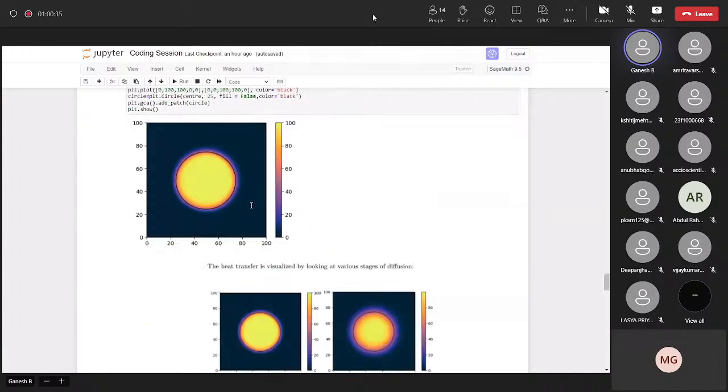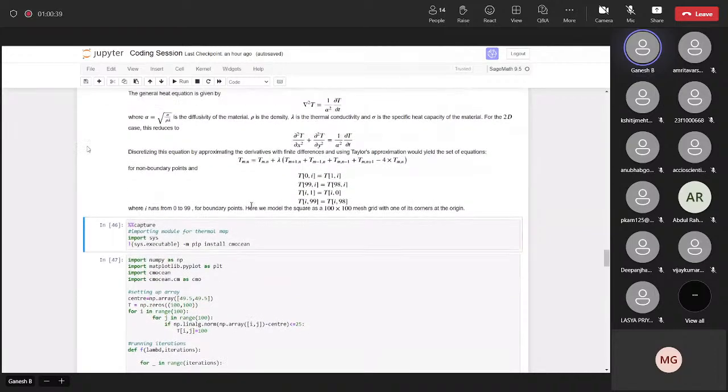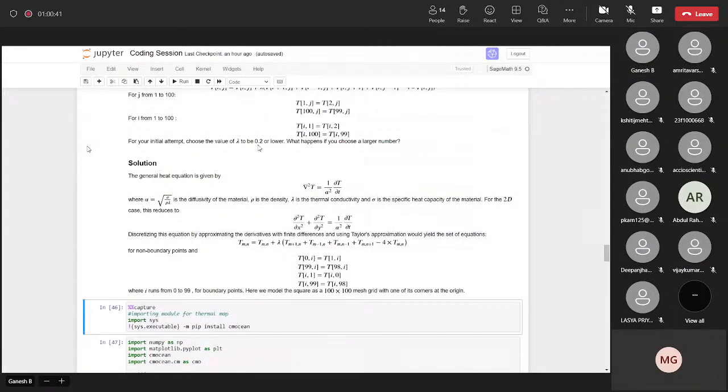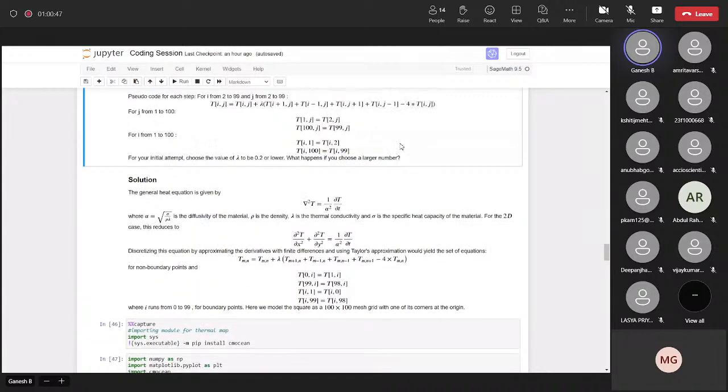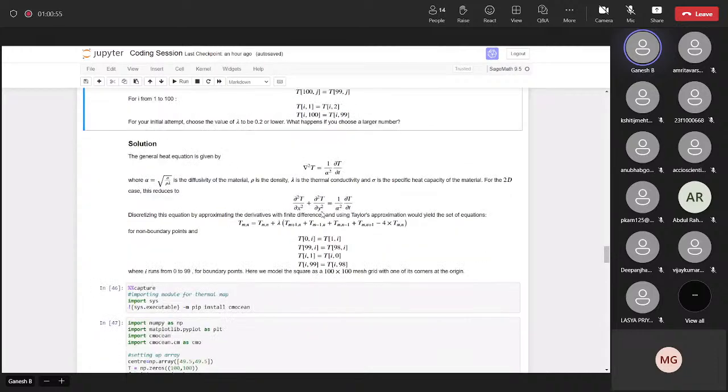Try this out for other values of 0.2. And there's a question here: what happens if you choose a large number as lambda? As I mentioned, this lambda is dependent on the conductivity properties of the material, 1 by alpha.